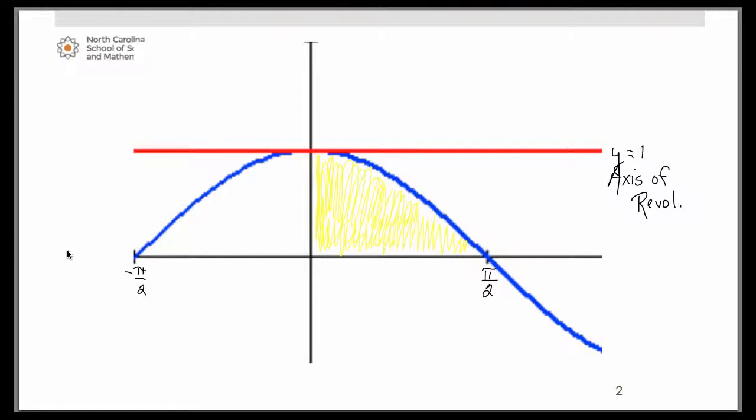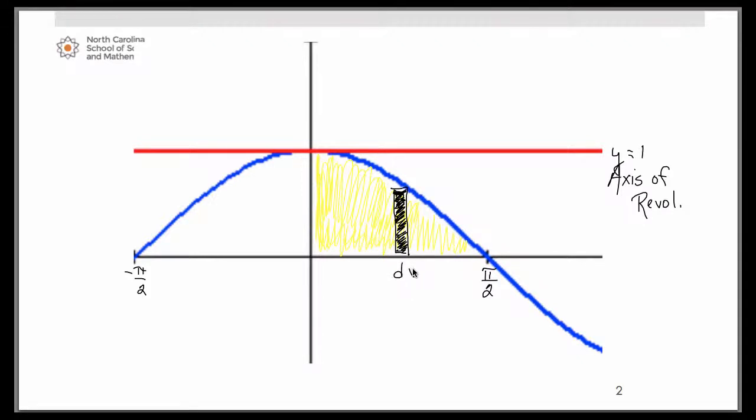So imagine taking that yellow region and flipping it upward over that horizontal line y equals 1. So with a disk or a washer method problem, our representative rectangles, of course, are perpendicular to the axis of revolution, but they are not touching it. That is, remember, the big difference between a washer method and a disk method.